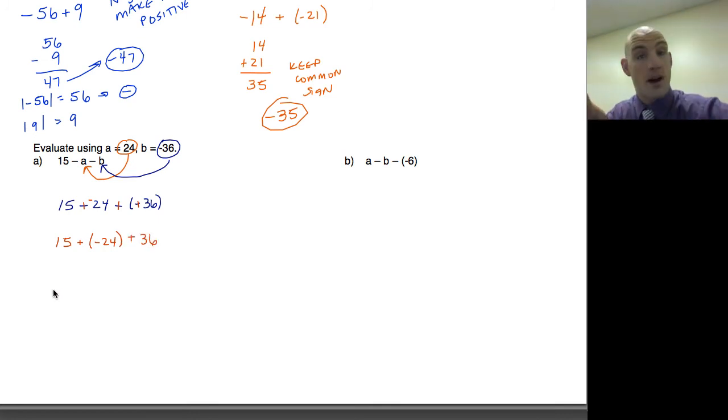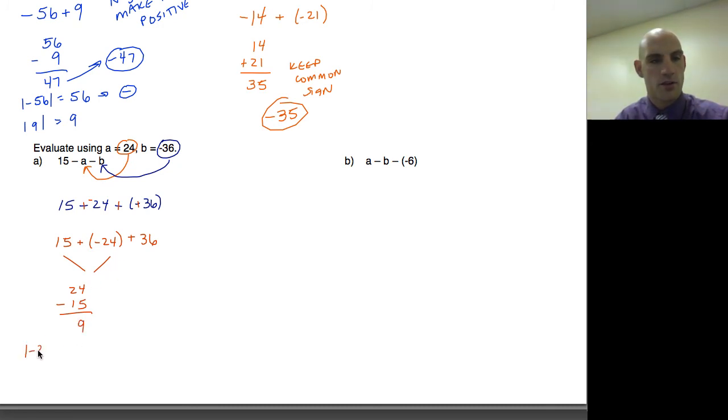Well, if I remember my order of operations, I know I'm going to go left to right. So on these first two, I'm going to subtract the easy way because they're different signs. So I'm going to have 24 minus 15, and that's going to be equal to 9. And negative 24, the absolute value is 24. The absolute value of 15 is equal to 15. So I'm going to keep the negative.